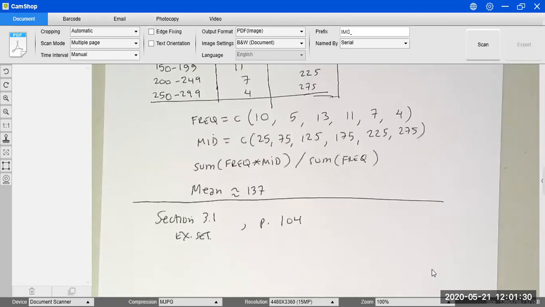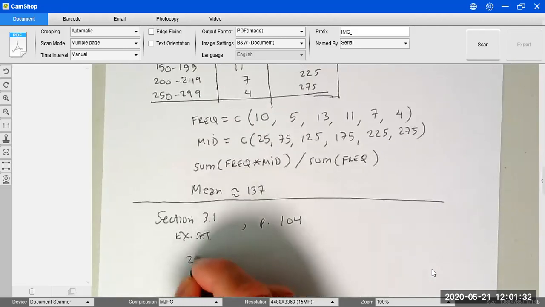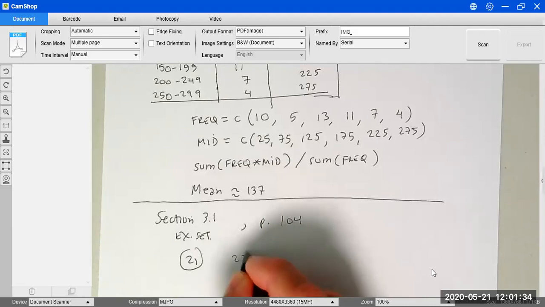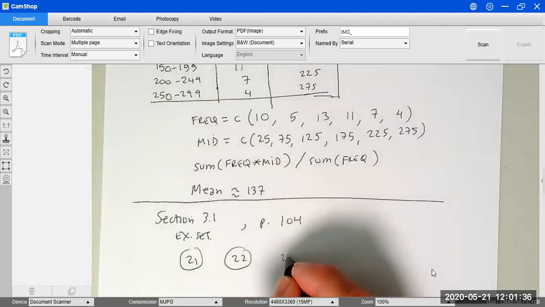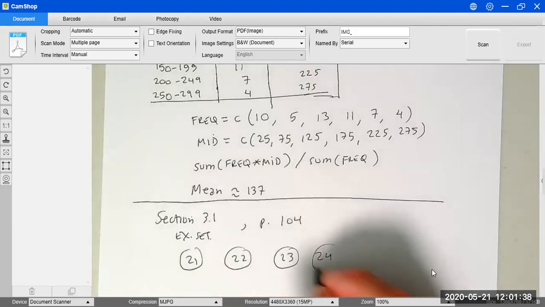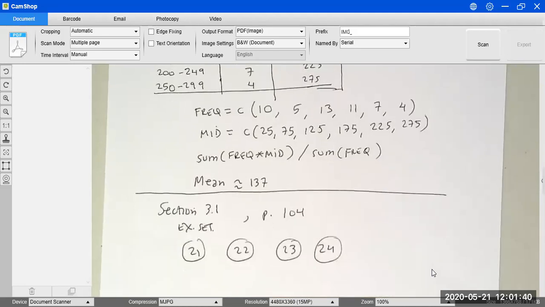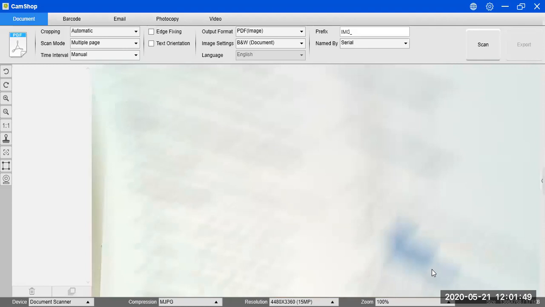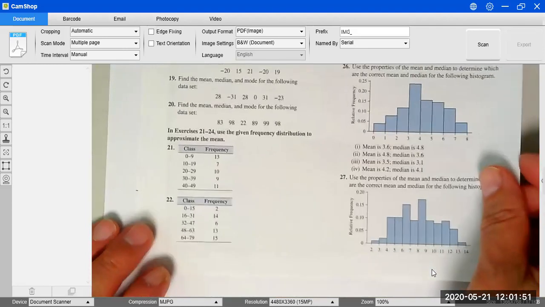So you're gonna work 4 problems: 21, 22, 23, and 24. I'm going to give you time to do that, and then we're gonna continue with more on the same.